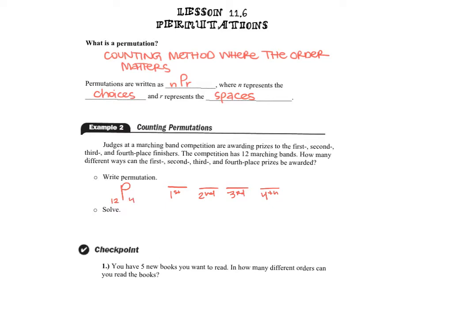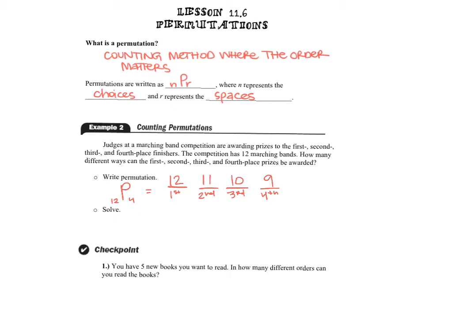So how many bands could win first place? Well, there are 12 bands that could win first place. How many bands could win second place? Well, if one band has already won first place, then there's only 11 options for second place, 10 options for third place, and 9 options for fourth place, because once we get to fourth place, one band has already won first, one has won second, one has won third, so that only leaves 9 bands left as the option for fourth place.